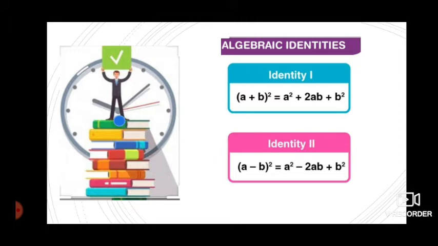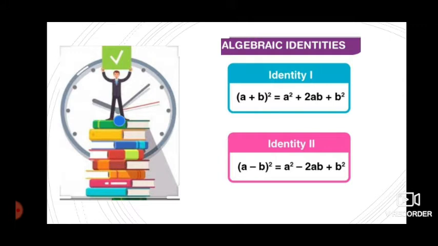Now we'll see the first identity. We'll just revise it. Identity 1: a plus b whole square is equal to a square plus 2ab plus b square. Even for this, I gave a geometrical explanation also, children. Please remember that. Then identity 2: it is the same as identity 1, just in place of plus b we take minus b.